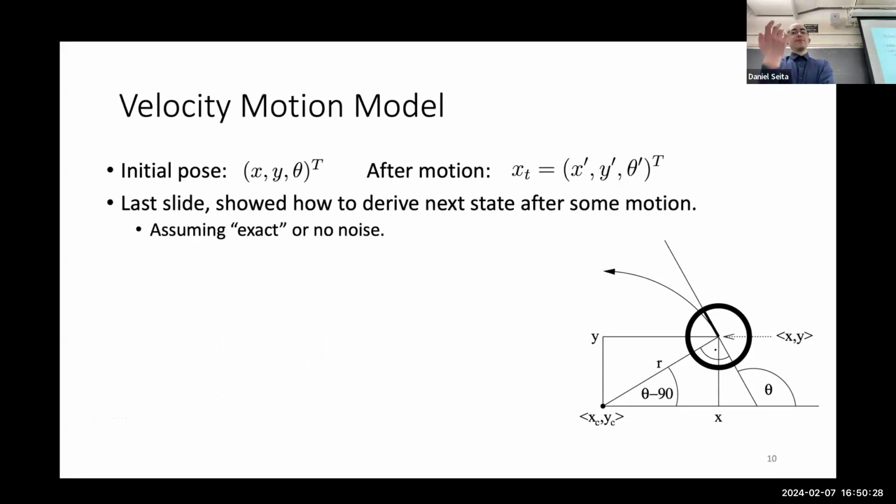So what we were assuming is that we have derived the next state after some motion, which assumes exact motion, or that there's no noise. If you remember what I've been talking about a lot in this course, what should your reaction be if I say, let's assume that we have exact motion or no noise?